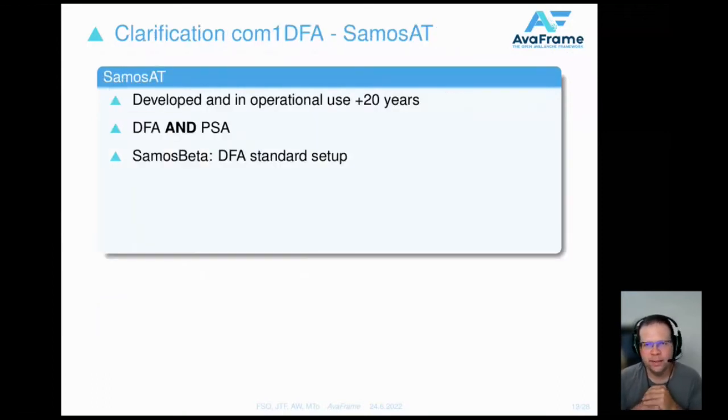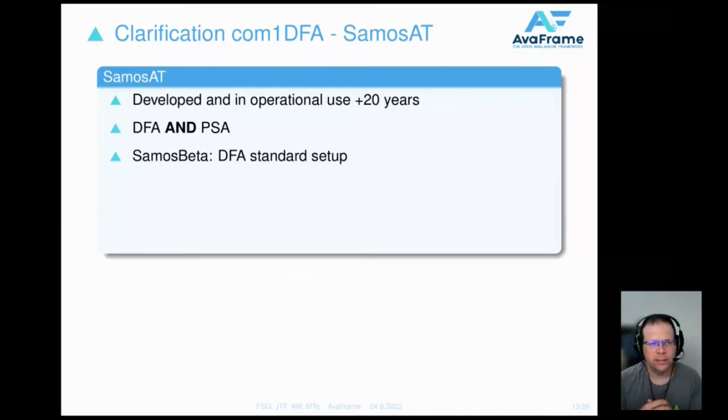Since quite a few of you might be familiar with SamosAT, there's the question now, what is the difference between SamosAT and AvaFrame? As a background, SamosAT was developed, as I said, over 20 plus years, and it's in full operational use since then. So there's a lot of knowledge about this available.